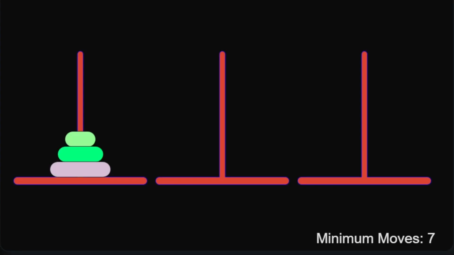Okay, so first, what is this Tower of Hanoi? It's a simple puzzle with three rods. Not road, it's three rods. Name them A, B, and C, and we have a few discs of different sizes stacked on one rod.